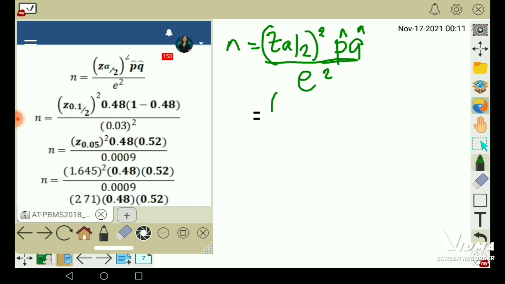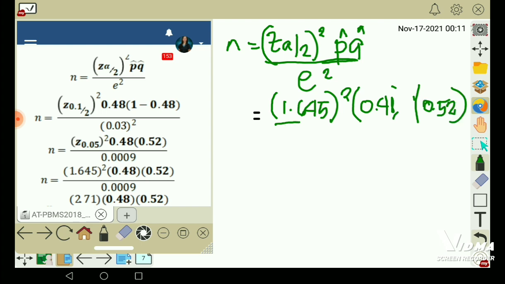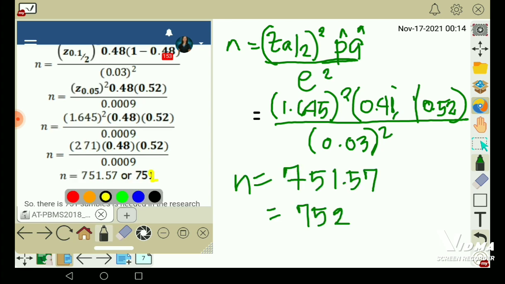And take note that z sub 0.05 is given by 1.645 in our givens, squared. Your p hat is determined by 0.48, and your q hat is determined by 0.52, over your E, which is actually a given of 0.03 squared.